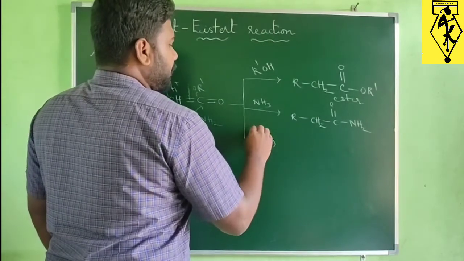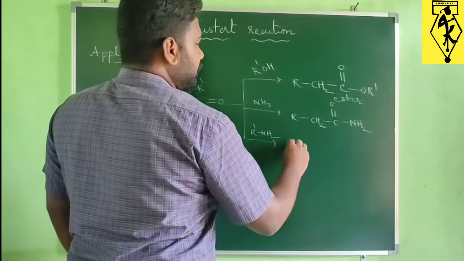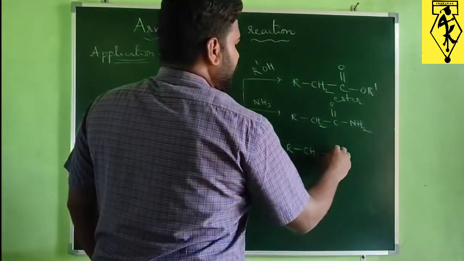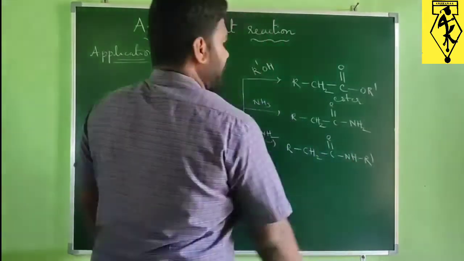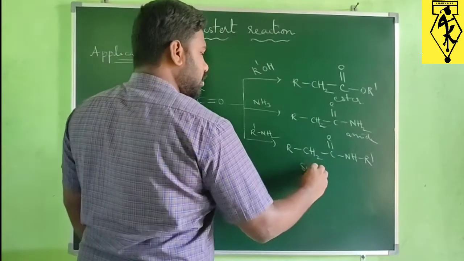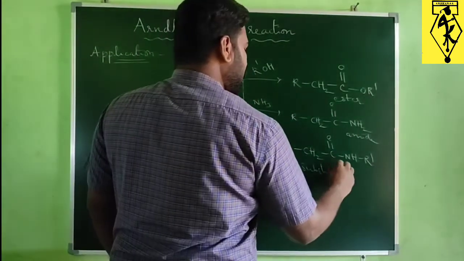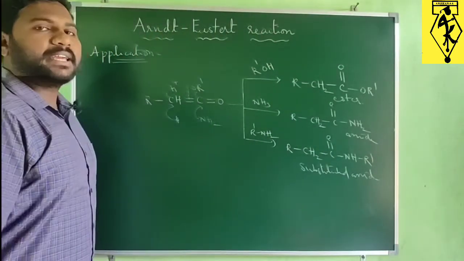If we are using primary amines such as RNH2, we are going to get substituted amides, with NH R dash. So this is an amide, and this is a substituted amide. So these are some applications.